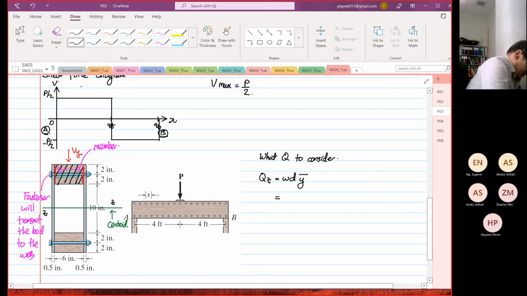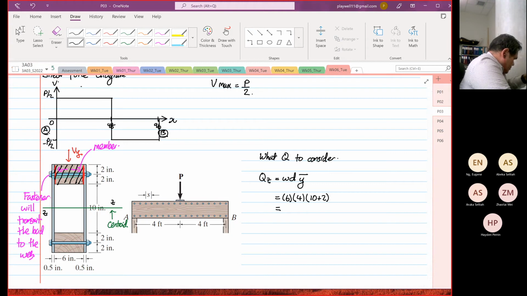So the width is 6. The depth is 4. And then the y bar is 10 plus 2. That's our y bar. So the first moment of area is equal to 6 times 4 times 12 is equal to 288.